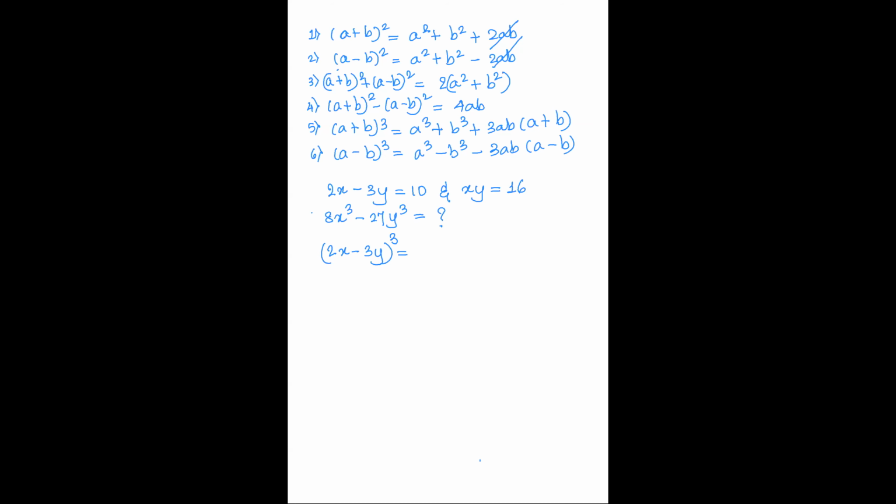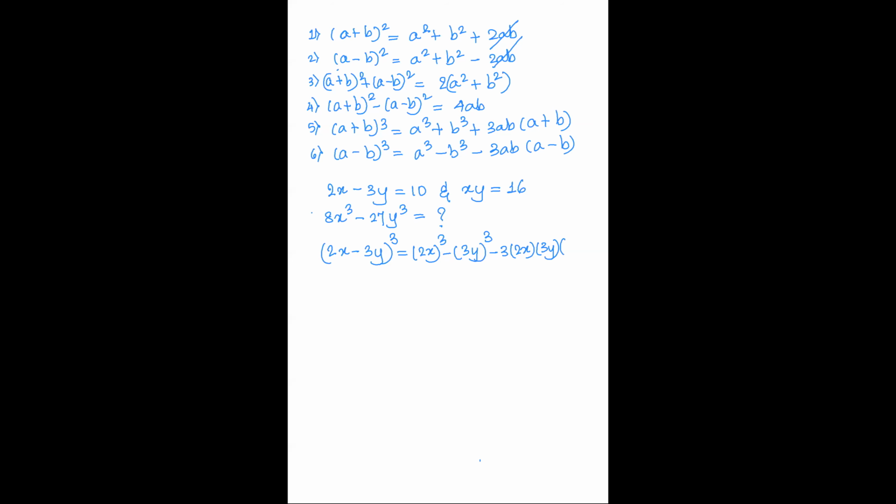In the first place, we are going to write 2x the whole cube, that is a cube, minus b cube, b की जगह पे हम डालेंगे 3y, 3y the whole cube, minus 3ab, 3ab मतलब वहां पे क्या आ जाएगा? a is 2x, b is 3y.